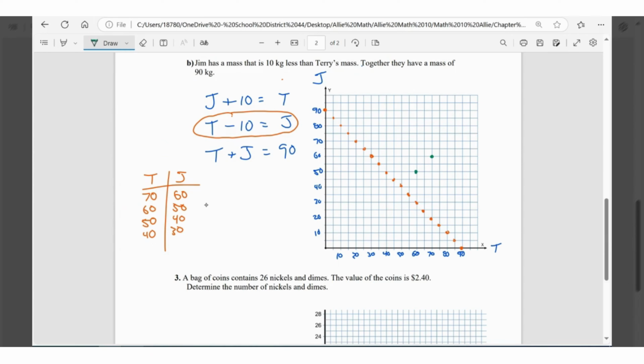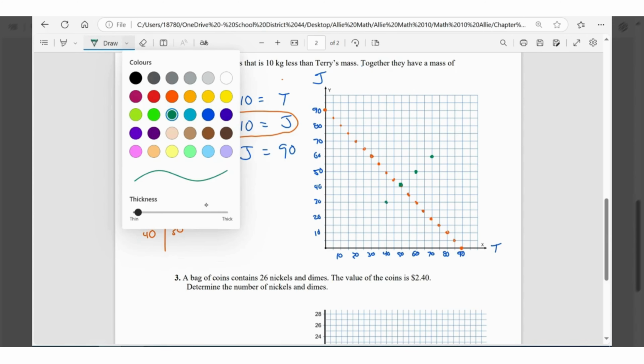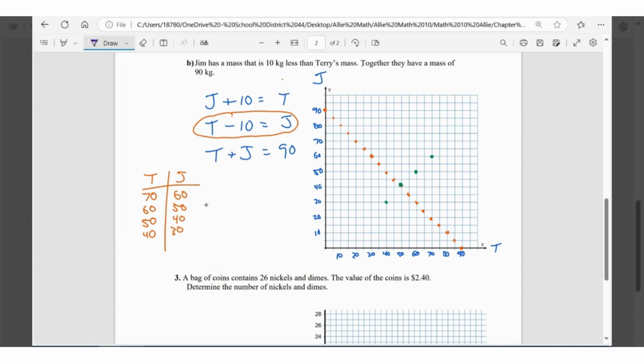Let's do our next point at 50, 40. Oh, and you see we'll have a solution. Let's still do another one, 40, 30, right there. But our solution, which we got to beautifully, is at 50 and 40. So when Terry weighs 50, Jim should weigh 40.